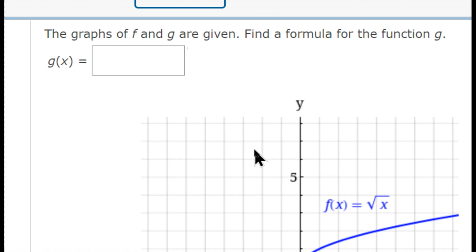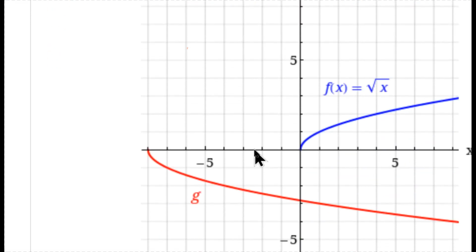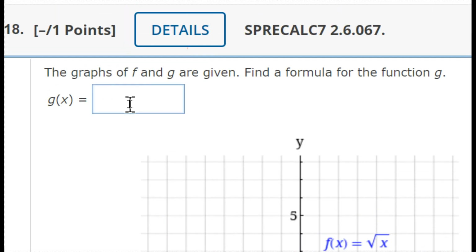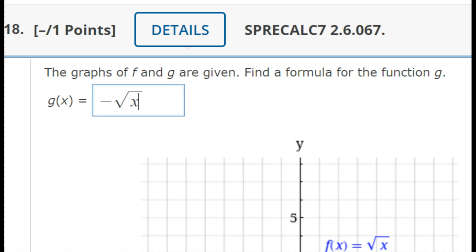The graphs of f and g are given. Find a formula for the function g. Well, f is the blue one and g is the red one, obviously. So it's gonna have a reflection about the x-axis. So I can reflect about the x-axis like this with a minus square root of x.